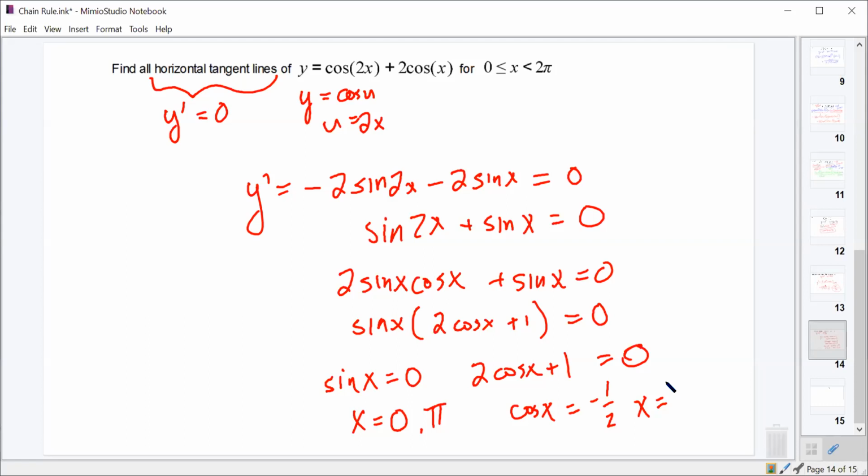First off, which quadrants does cosine equal negative 1/2 in? 2 and 3, so 2 pi over 3 and 4 pi over 3. You should all be able to tell me that right off the bat.